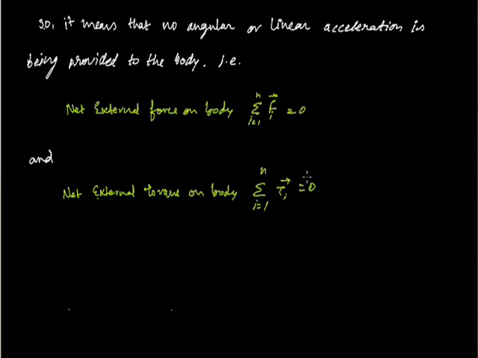So it is clear, if the total vector sum of torque acting on that body is 0, there is no angular acceleration in that body. And if the net force, or the vector sum of all the forces, is 0, then there is no net linear acceleration of the body.